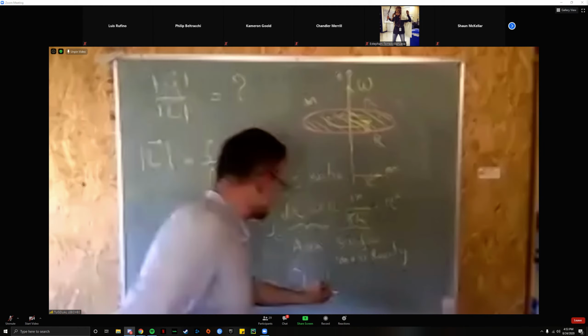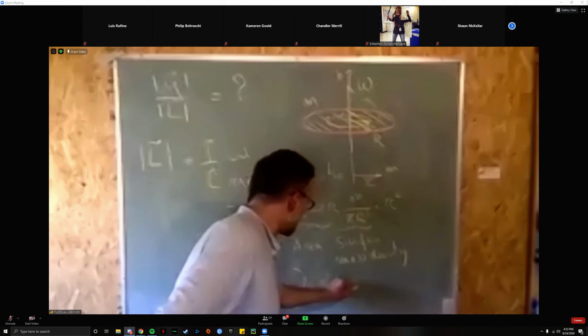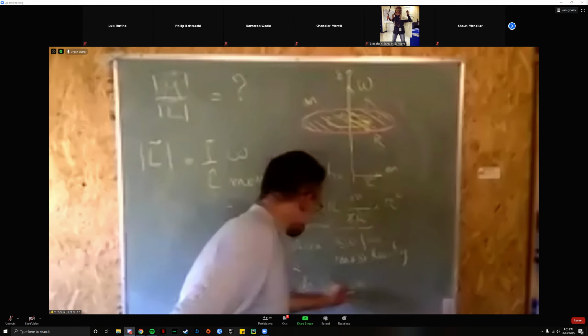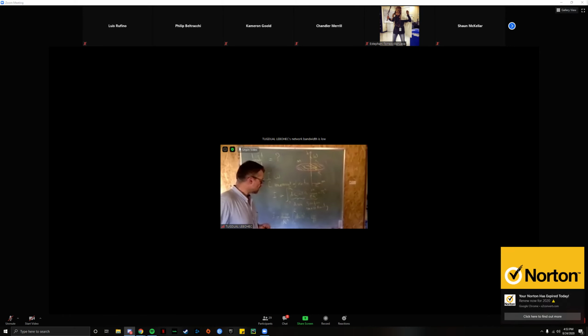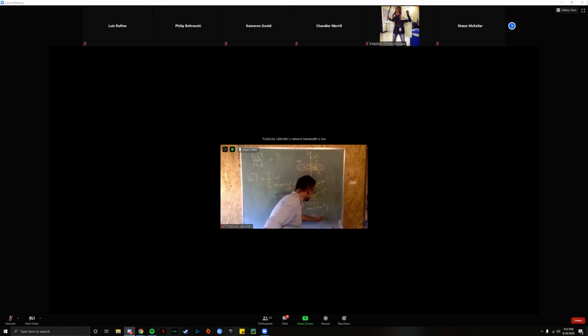Well, in order to integrate these, I'm going to get 2m over r squared. That's just a factor. And then the integral here is going to be r to the 4th power divided by 4, taken between 0 and r. Okay. So that gives us 2 divided by 4 is 1/2 of the mass.